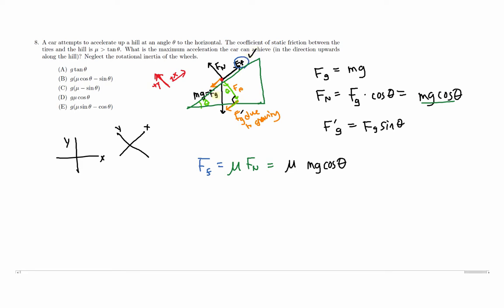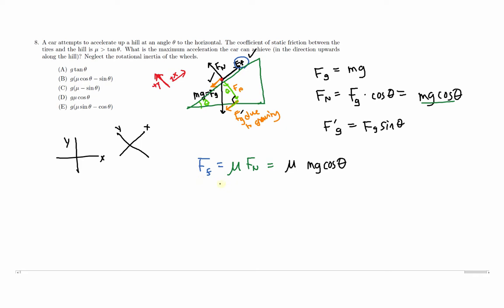And we already found the component of force due to gravity, so this is taken care of. The normal force is not going to play a big role other than that we had to use it to find the force of friction. So we're pretty much done with our preparatory step.